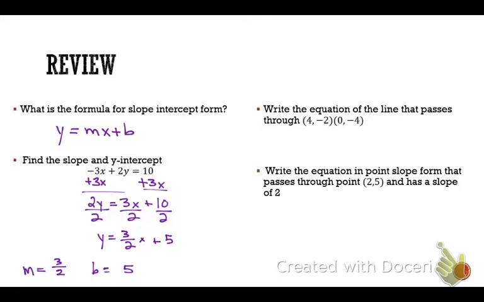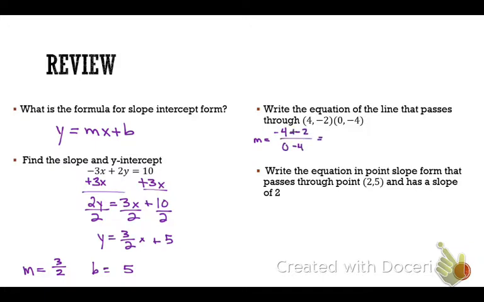All right, so now let's write the equation. This was on your homework last night. Write the equation of the line that passes through those 2 points. Define slope first. M equals y2 minus y1 over x2 minus x1.